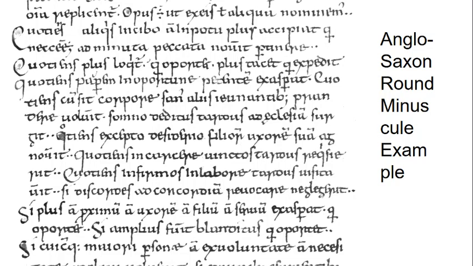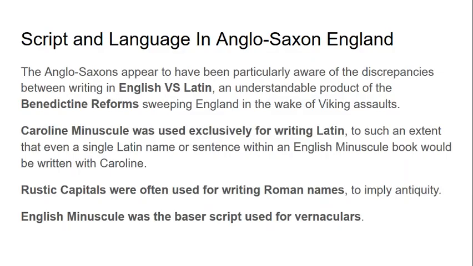Also you'll sometimes still see the flat top A, and that's an indication that it's round minuscule. If you have some flat top A's when most of the A's are rounded, that's an indication that it's Anglo-Saxon round minuscule, because you've got the Anglo-Saxon square minuscule style evolving into round minuscule, whereas the flat top of A didn't really exist in the pointed minuscule time.